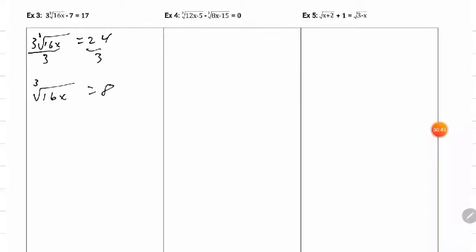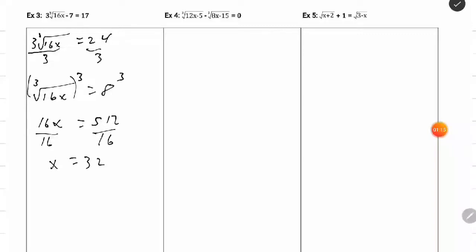So to get rid of the cube root, I'm going to cube both sides and get 16x equals, that's some big number, calculator, 512. Divide by 16, and x equals 32.